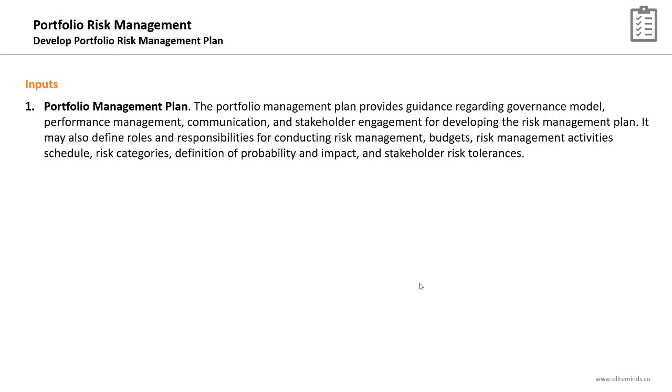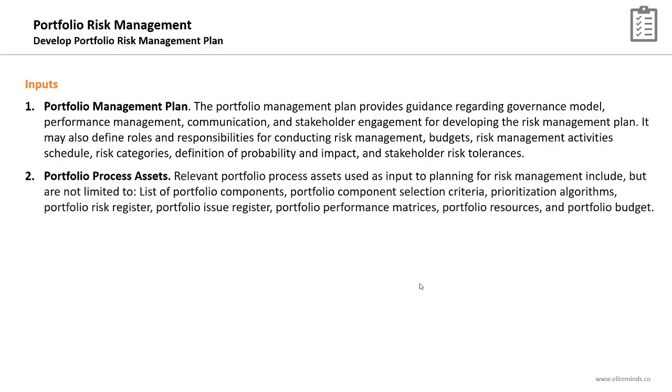So all this information will be documented in the portfolio management plan, and it will be a great guidance for you while you are developing the portfolio risk management plan. The second input will be the portfolio process assets.